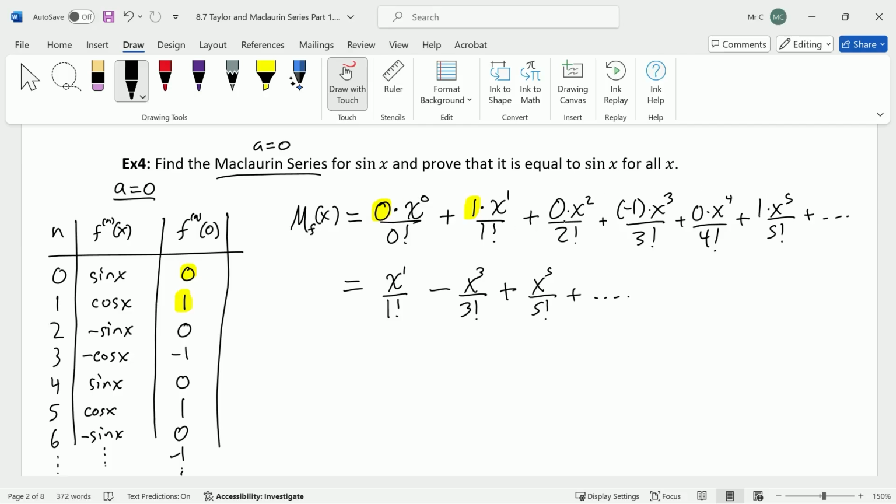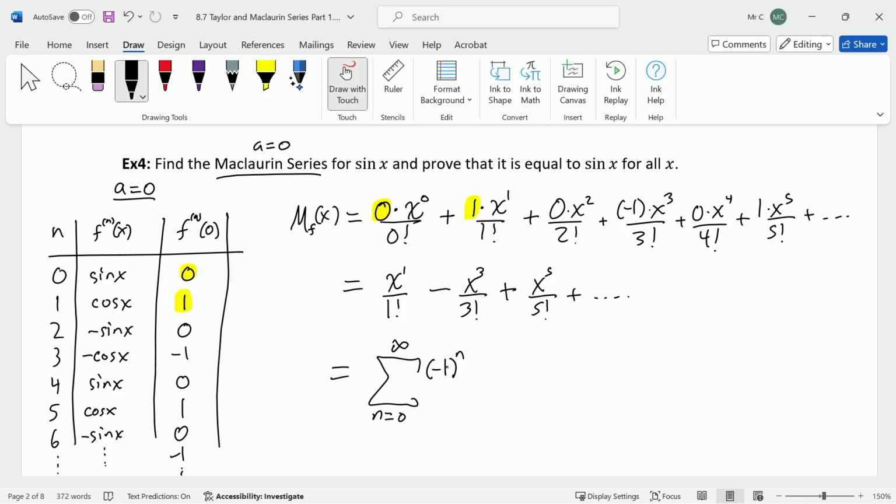But because half of these powers disappear, we're going to have to figure out a different way to express our power series. And how are we going to do that? Well, we're still going to write it from n equals 0 to infinity. But since the terms are alternating between positive and negative, we'll have a negative 1 to the nth power here.